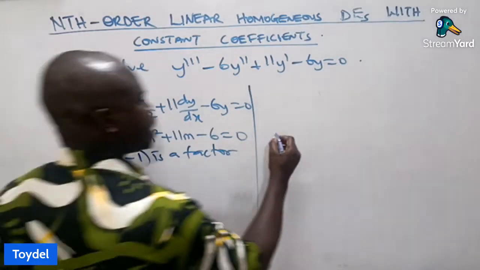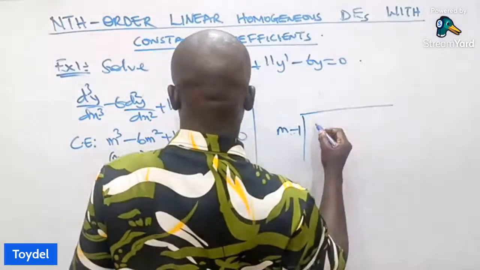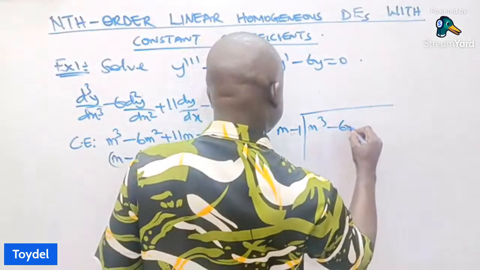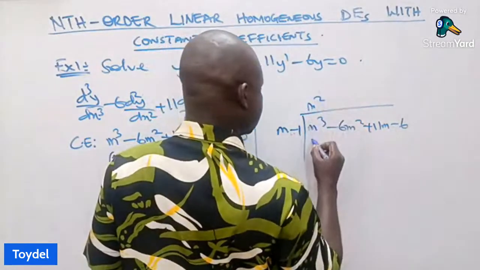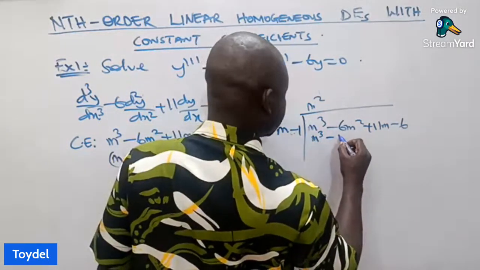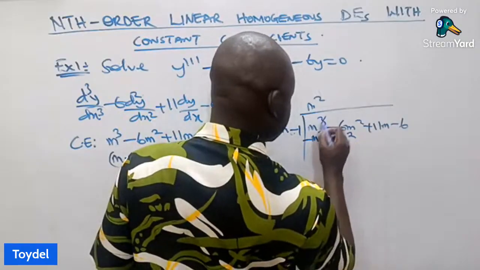So if we use m minus 1 to divide what we are given, m cubed minus 6m squared plus 11m minus 6, here will give us m squared. Then we have m cubed minus m squared. If you introduce minus, this will cancel out.